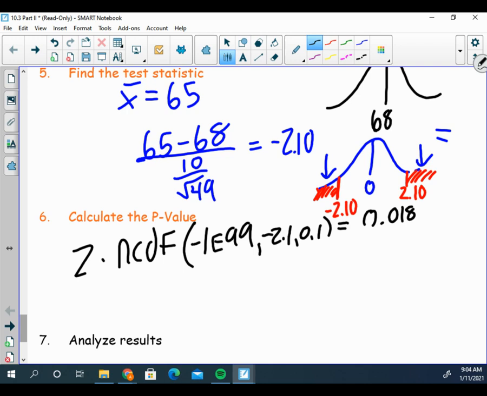When you're running a two-tailed test and you're trying to find the p-value, the probability of getting that extreme, multiply by 2. When I do that, I get 0.036.